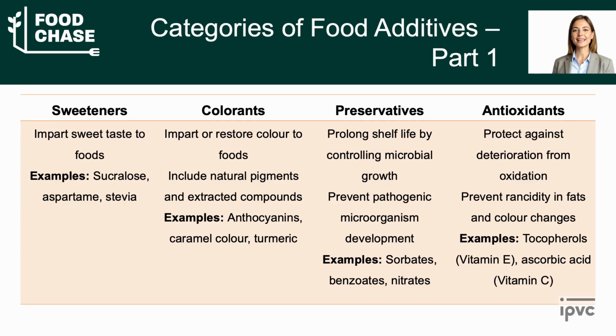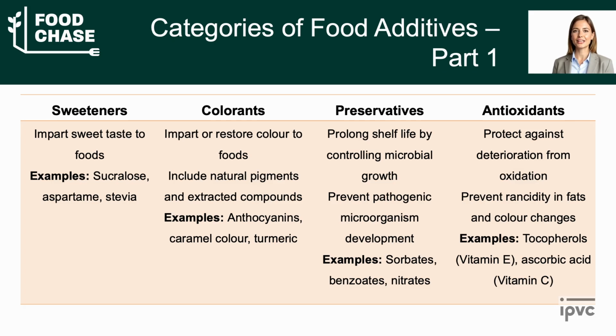Natural extracts like anthocyanins from berries are increasingly preferred over synthetic options. Preservatives are perhaps the most critical category. They extend shelf life by inhibiting the growth of spoilage microorganisms and pathogens. Sorbates and benzoates are common examples used in acidic foods like juices and dressings.